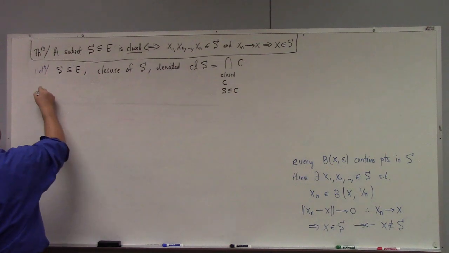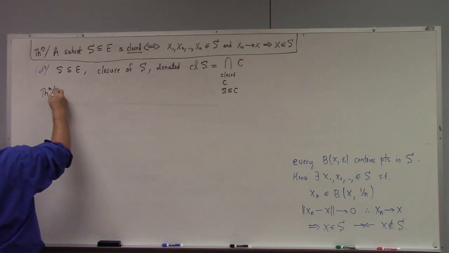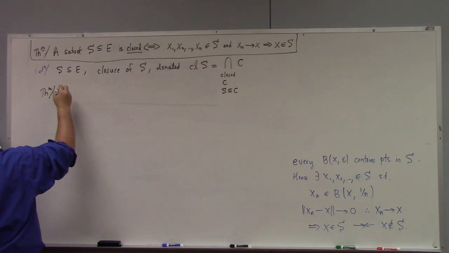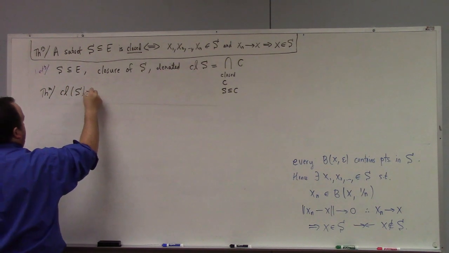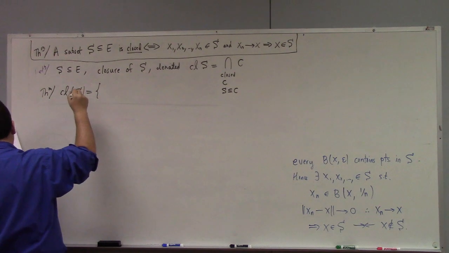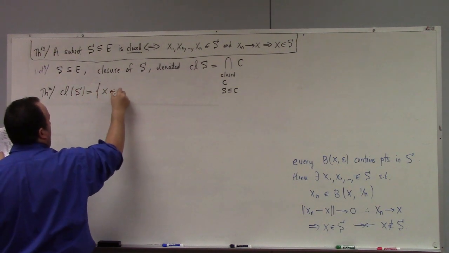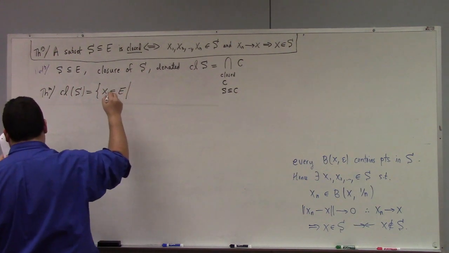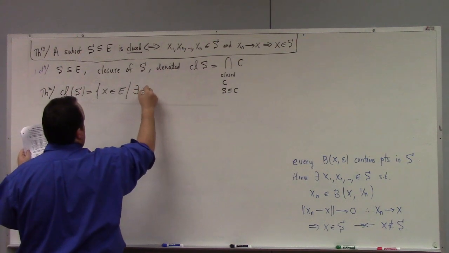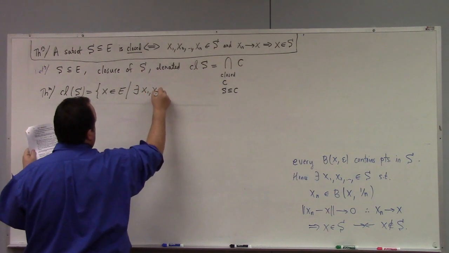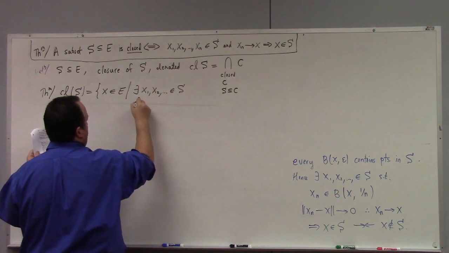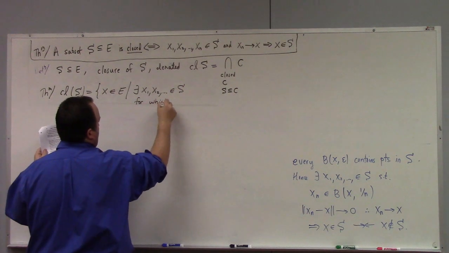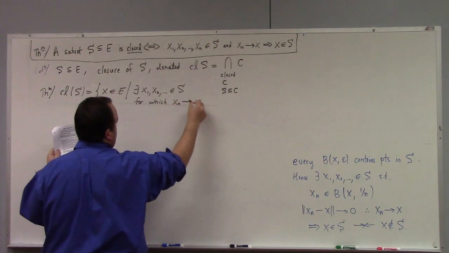And then theorem: the closure of S is in fact just equal to the set of x in E such that there exists x1, x2, ... in S for which xn goes to x.